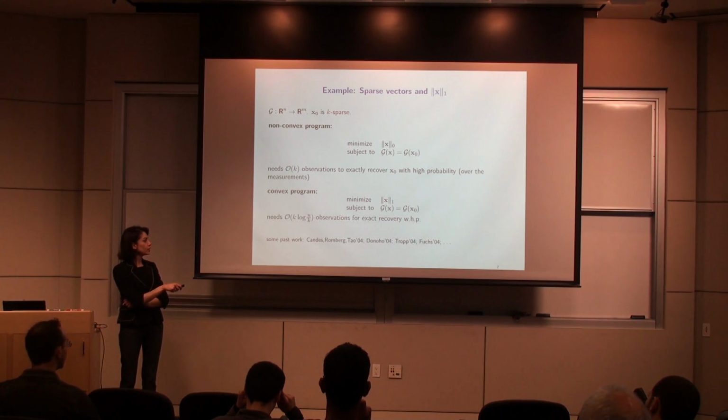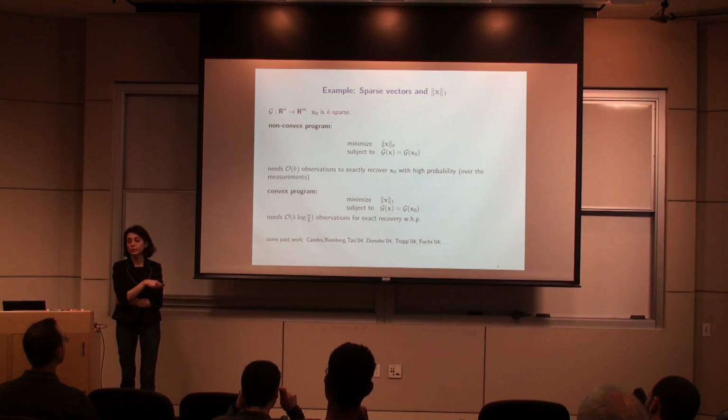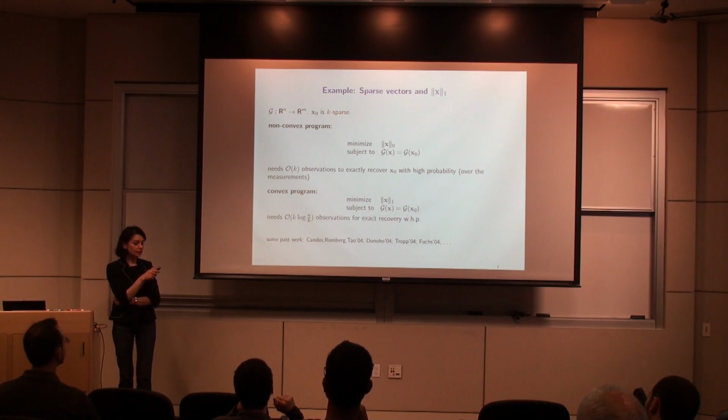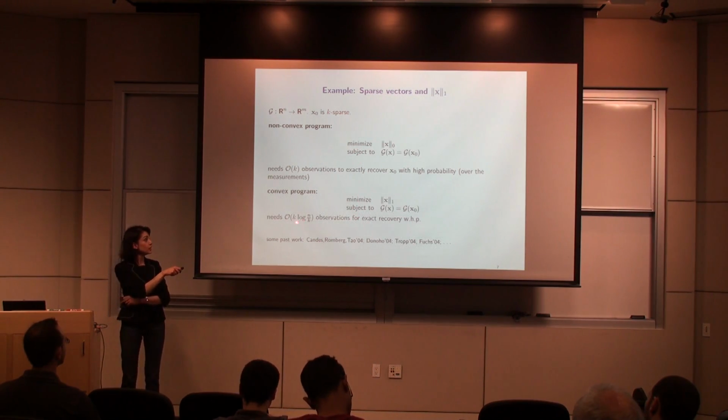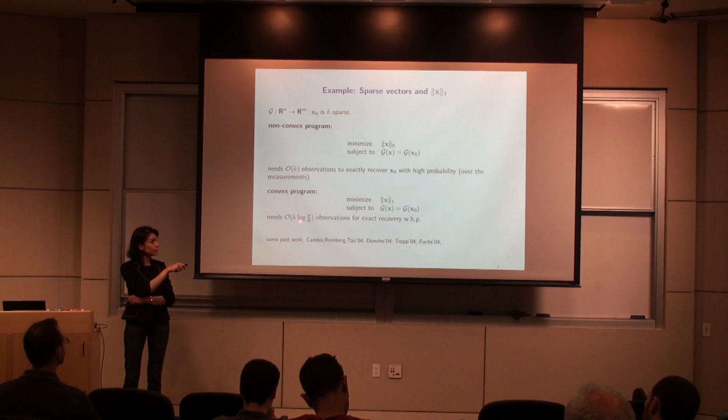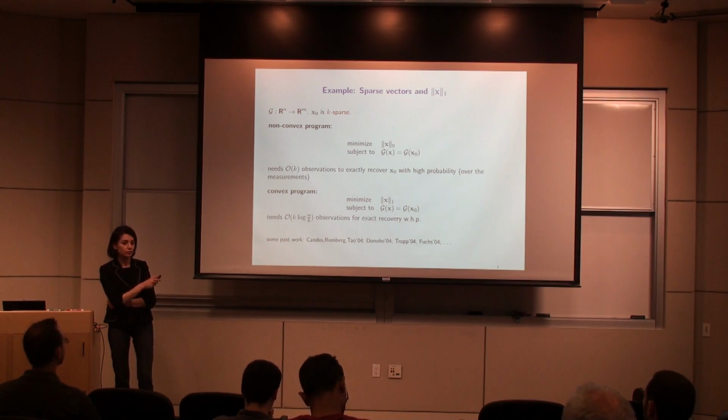It goes back probably even older, but was studied in Candès, Romberg, Tao in 2004, Donoho in 2004, and others. And it's amazing because you're going from a non-convex problem to a convex relaxation, and in terms of number of measurements, you're only paying a log n factor.